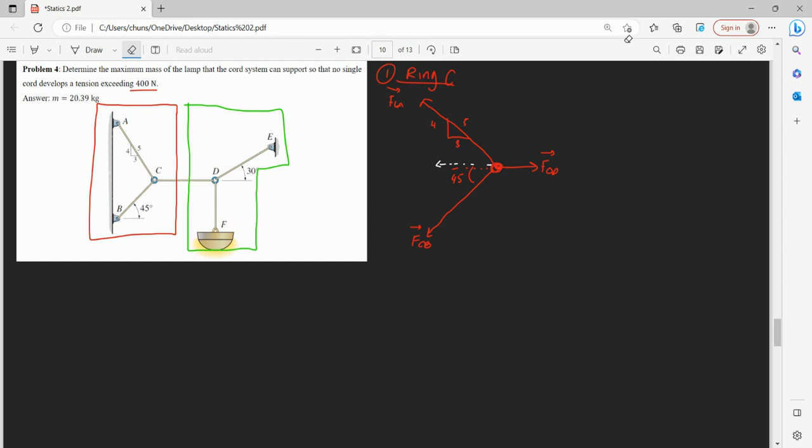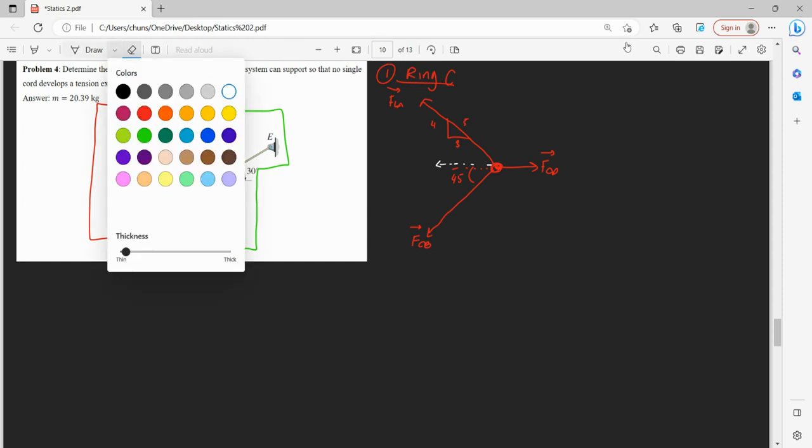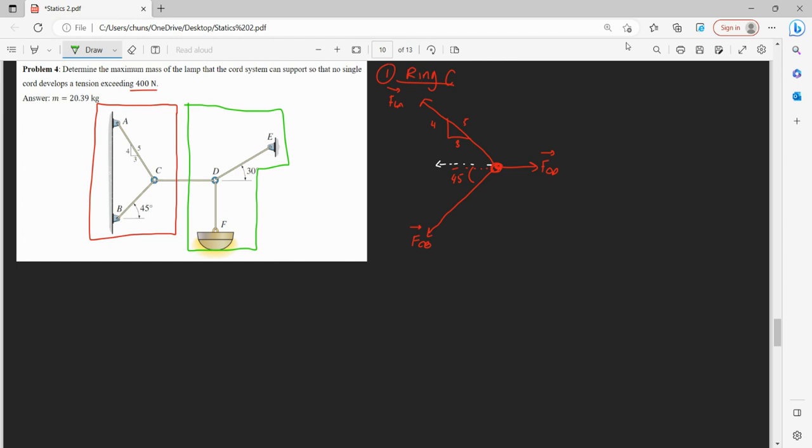Before we do that, I'm actually going to write the other free body diagram first. So FCD also points away from our D ring to create tension. This is FDE.